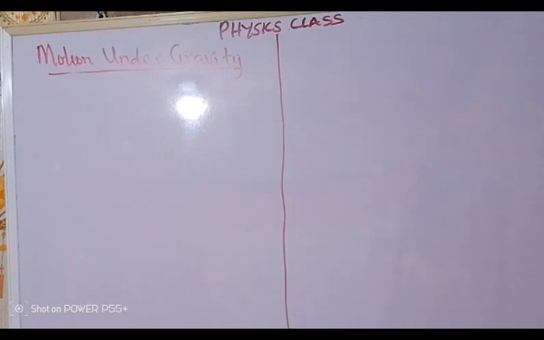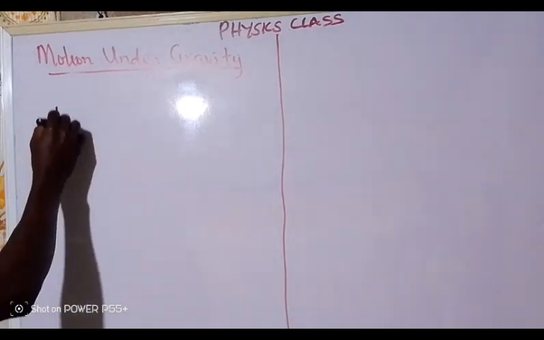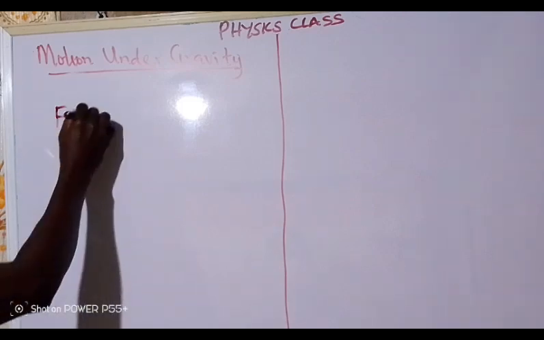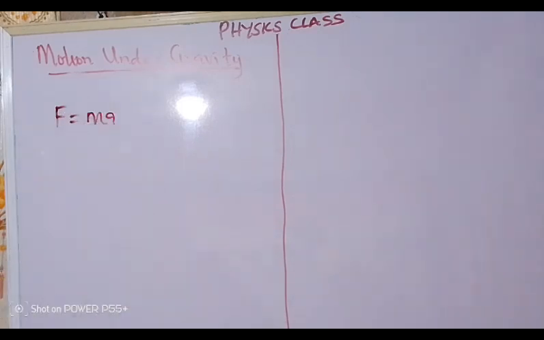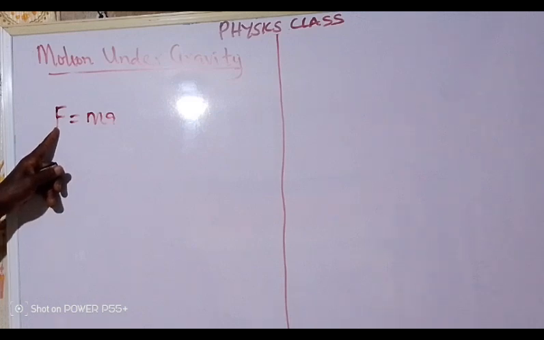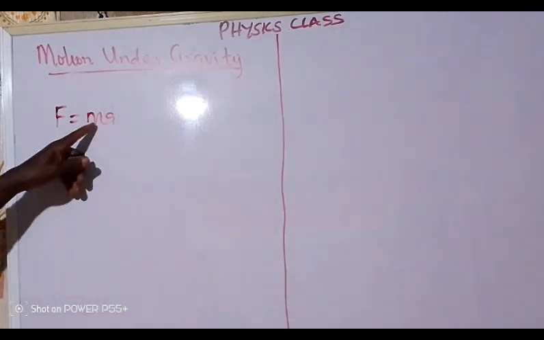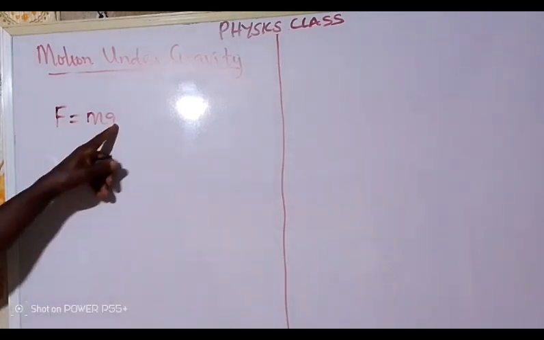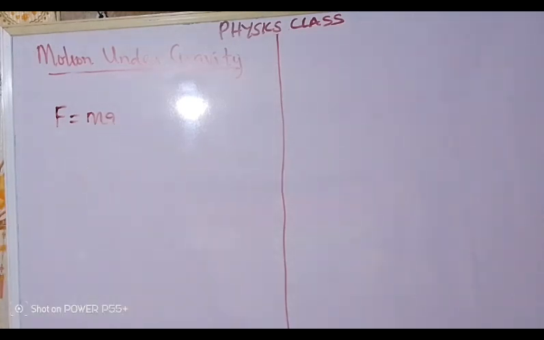In one of our lessons, we discussed linear motion, and under linear motion, we said F is equal to ma, where F is force, horizontal force, and m is the mass of the object, and a is linear acceleration.